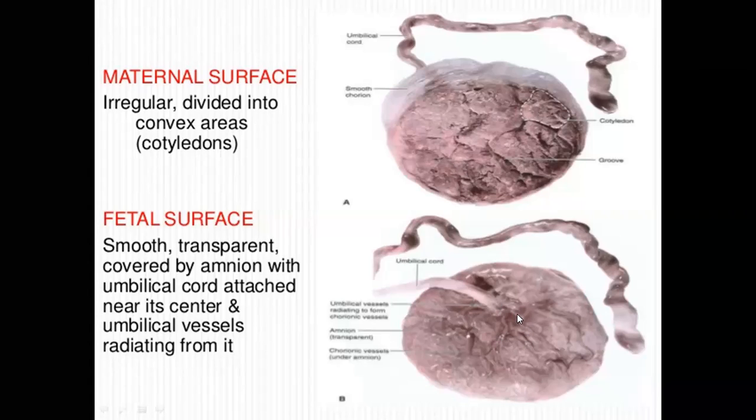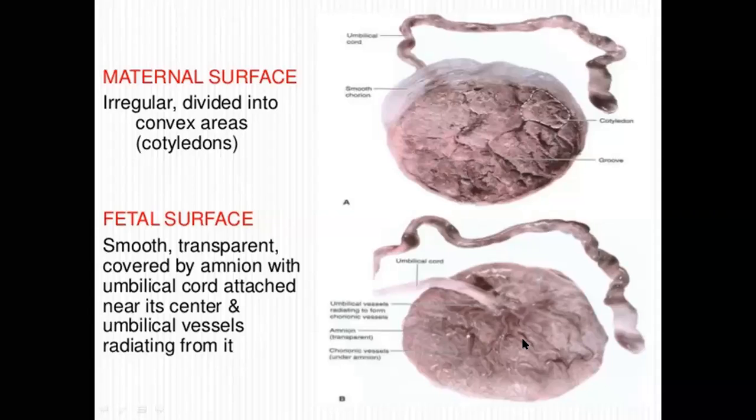You see the umbilical cord attached near its center, which contains the umbilical vessels. So this is the maternal surface of the placenta, and this is the fetal surface of the placenta.